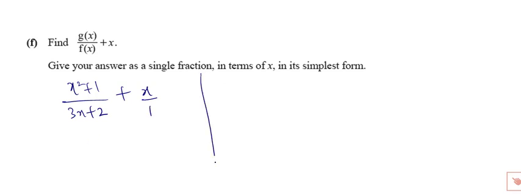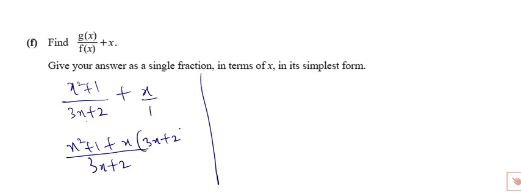So we try to find the LCM of this. The LCM is 3x plus 2. Now this in the LCM will give us 1 multiplied by the numerator, which is x squared plus 1, plus 1 in 3x plus 2. That will give us the whole of that. So we have x multiplied by 3x plus 2.